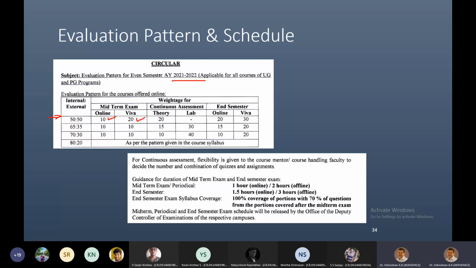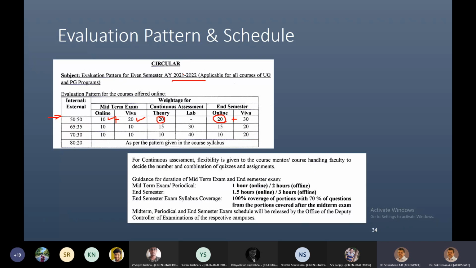The continuous assessment for theory is 20, and for end semester it is 20 plus 30. So end semester has 20 marks for the online exam and 30 for viva. Midterm has 10 marks for the online exam and 20 marks for viva. And then the continuous assessment is going to be mainly the presentations that you are doing for this course. This is the split of the evaluation pattern.